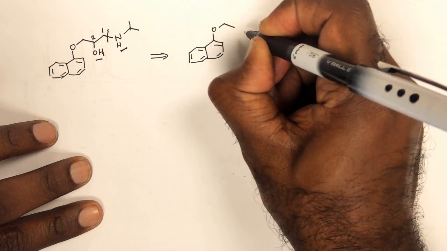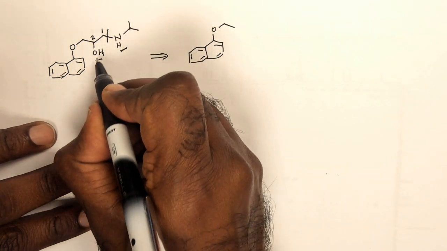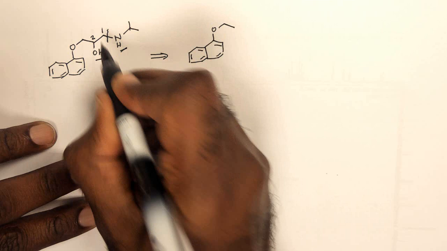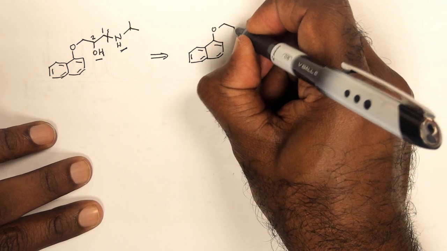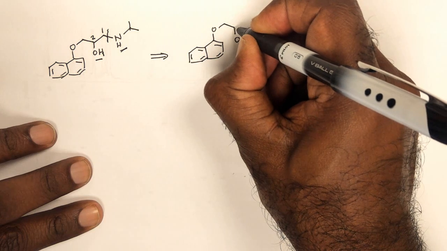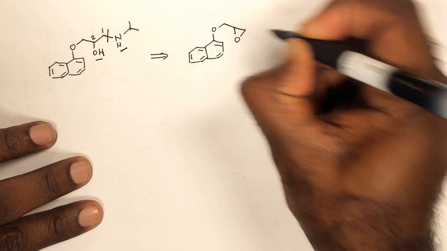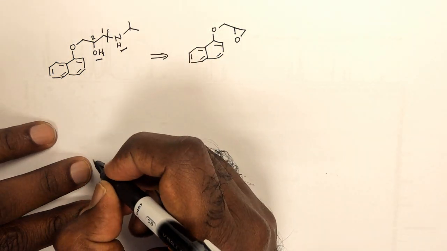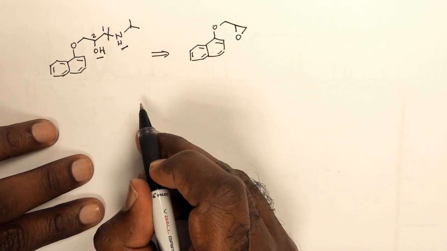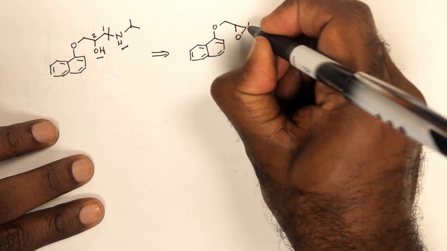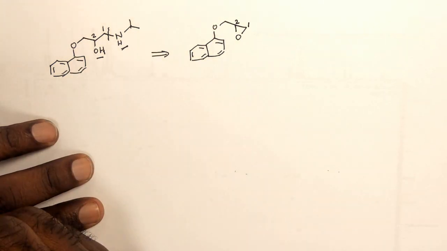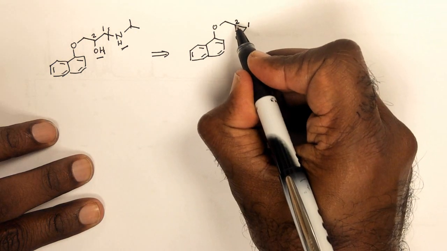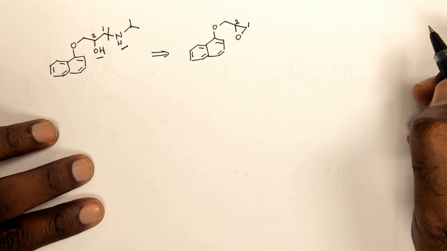Remember that this would normally be the positive carbon, and what I'm going to do now is disconnect it straight to the epoxide. You can see that I've kept the carbon atoms intact. If I had to number this, there's still carbon number 1, carbon number 2, and the carbon bonded to the oxygen.